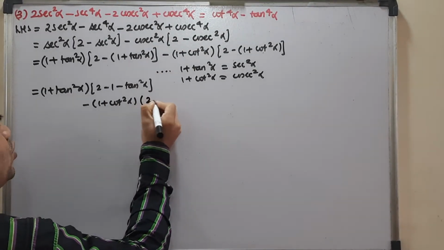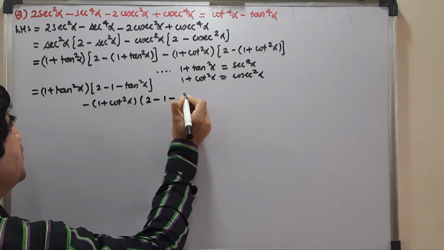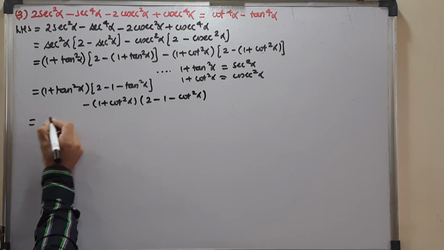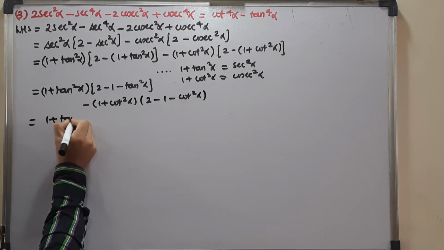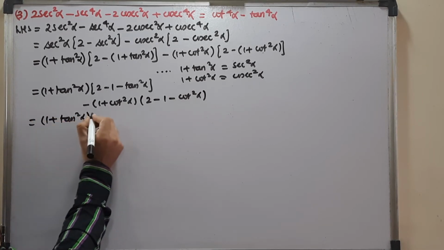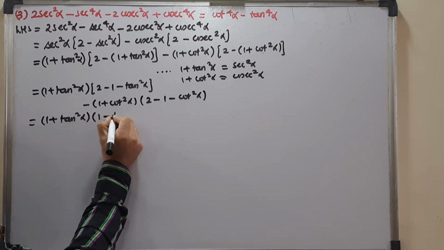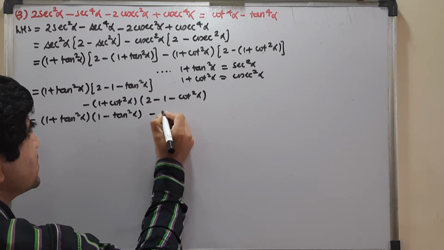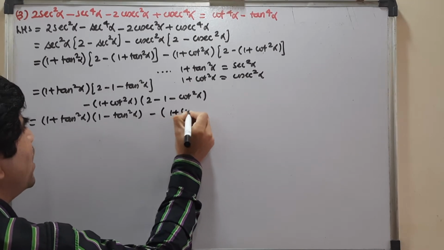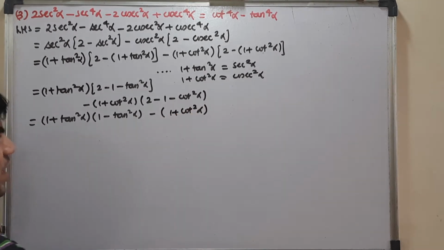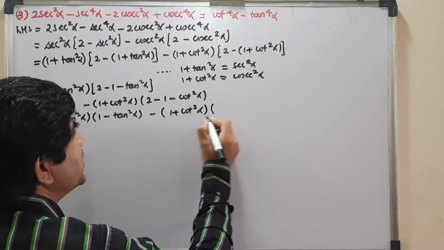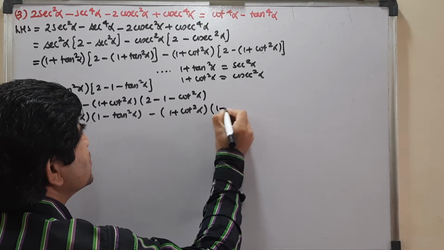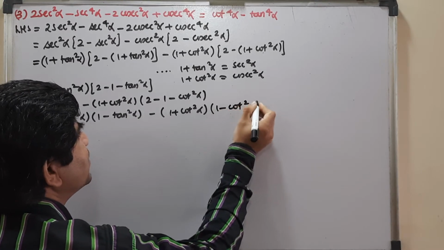And here 2 minus 1 minus cot square alpha, well and good. So I get this as 1 plus tan square alpha into 1 minus tan square alpha, minus bracket 1 plus cot square alpha into, here it becomes 2 minus 1 is 1, 1 minus cot square alpha.